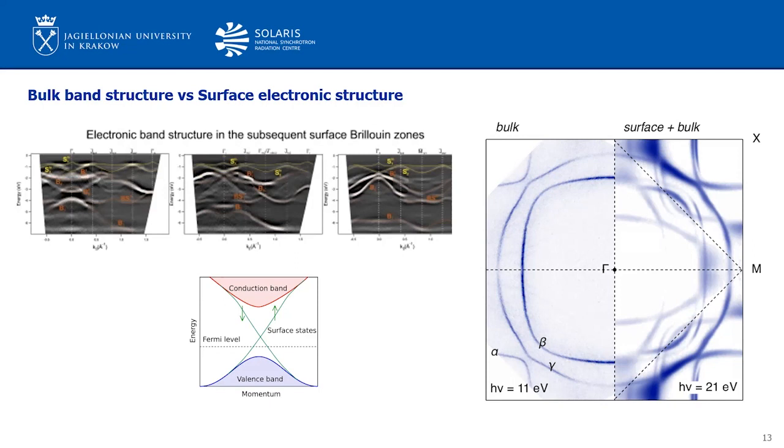For the surface normal, the K perpendicular component disappears. Dispersion of the surface bands at the gamma point is independent of the photon energy.